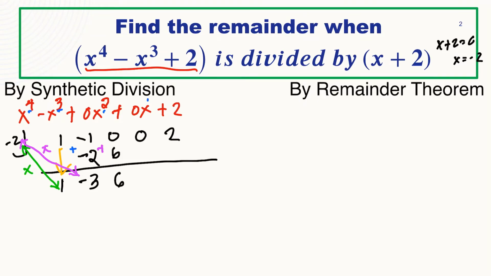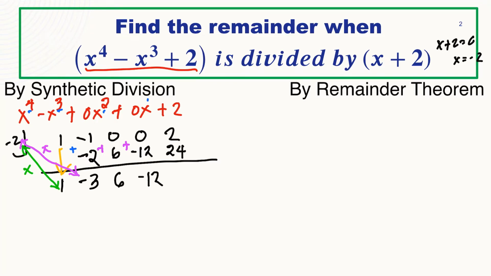Now we multiply 6 and negative 2. So 6 times negative 2 will give us negative 12. So 0 plus negative 12 will give us negative 12. Then we multiply negative 12 and negative 2, so that will give us positive 24.